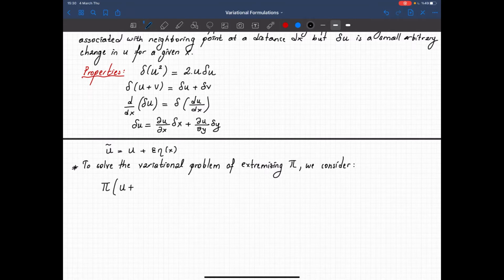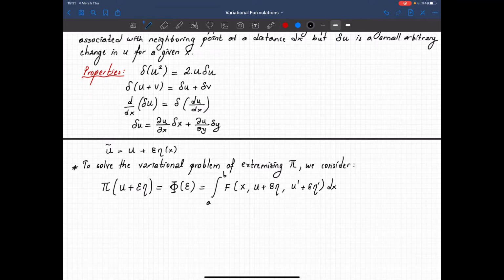So we give a small perturbation, right? Small variation to the actual u of x. Let's show it this way. Show it as a function of epsilon. This is from a to b. We have f of x, u plus epsilon nu, u prime plus epsilon nu prime, dx.